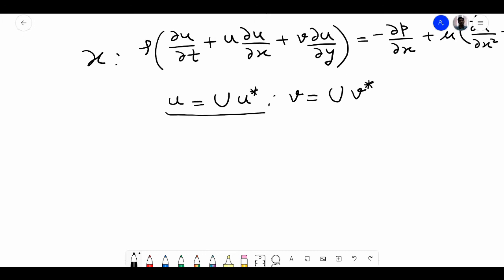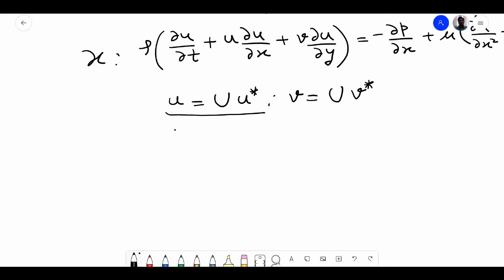We can define characteristic density and characteristic viscosity, but because in this case we are assuming that density and viscosity are constant, we don't need to do that. We'll see that they automatically go away from here. They get absorbed in some terms, and these variables make those terms dimensionless automatically. So we'll see it later on.